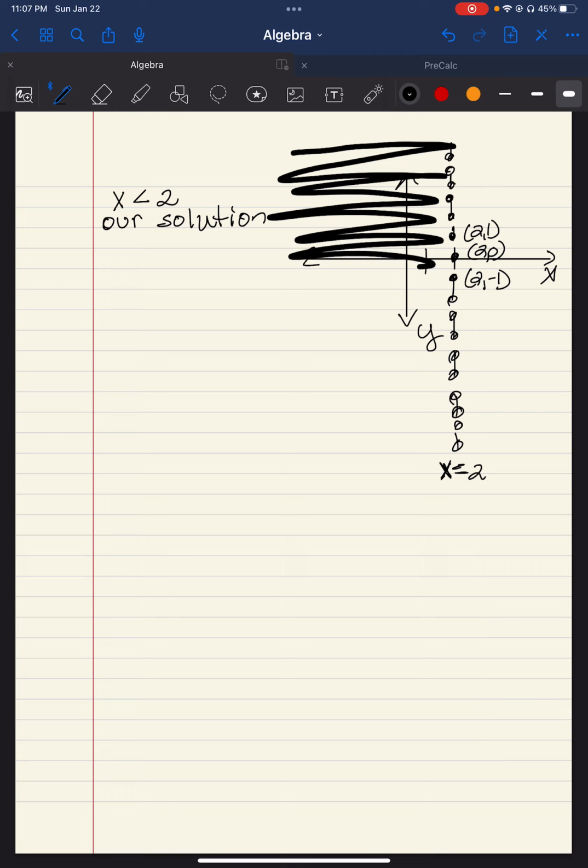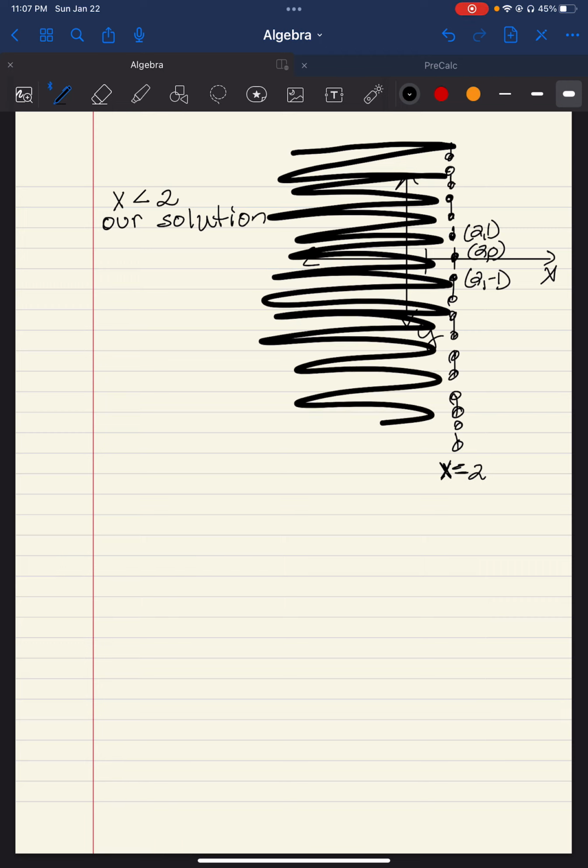This entire side. If you go onto this side and you select points, here you're going to have a point (0, 0). The x value is less than 2. Maybe over here you have a point (-1, -3) or something. Well, that also has an x value less than 2, right?